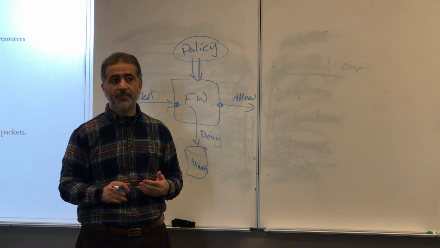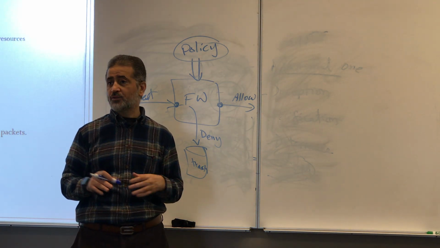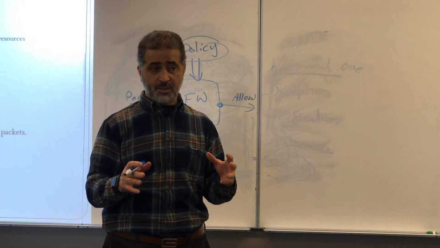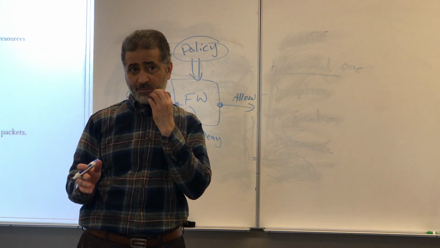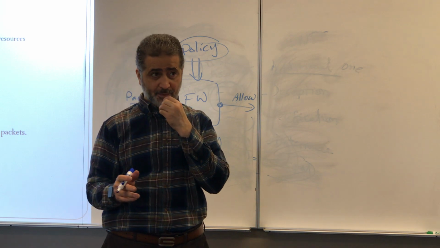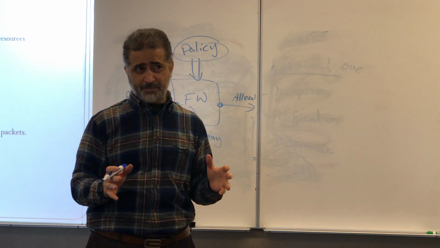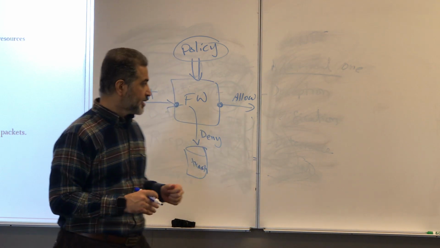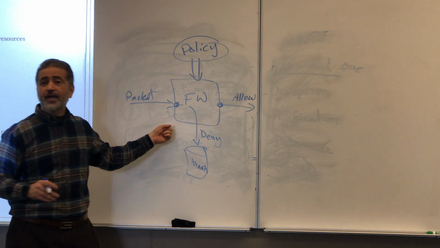It's mandatory for firewalls to be very fast. That's why you pay a lot of money for enterprise level firewalls from Cisco, because they are very fast. You're talking about gigapackets per second they can process. So they look only at the header.